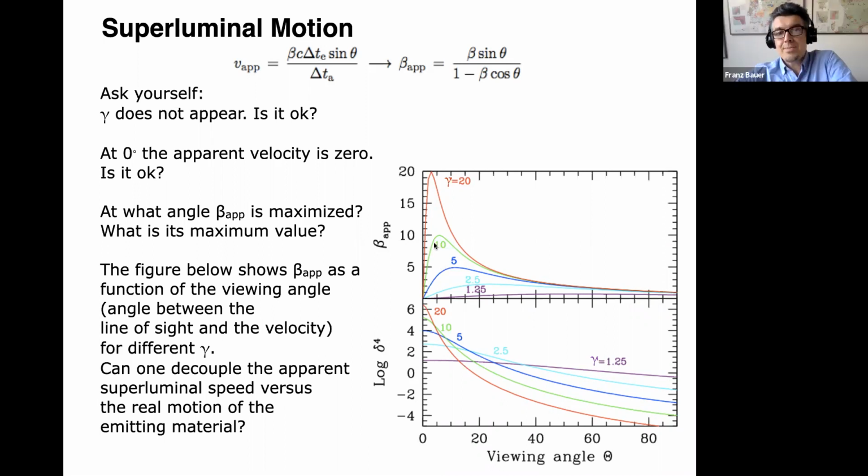Well, the maximum is very close to the gamma, right? So in essence, if you have gamma of 10, the maximum is going to be beta equals 10. If you have gamma equals 20, the maximum is going to be beta equals 20. But that's only at a certain angle. But yeah.